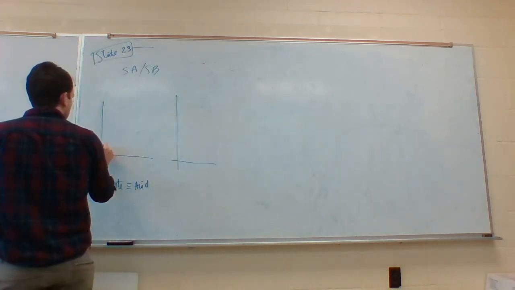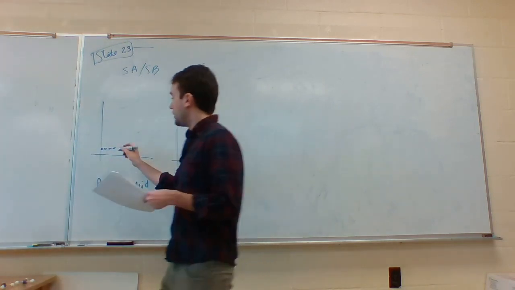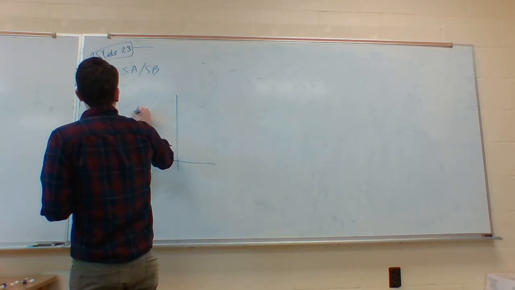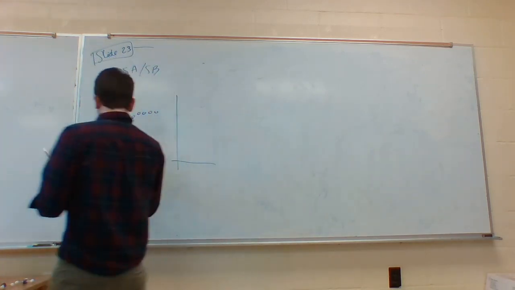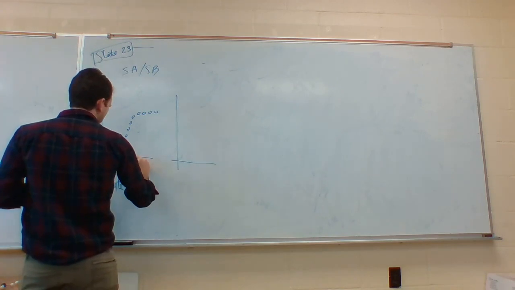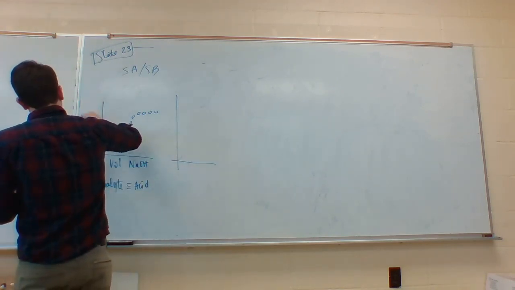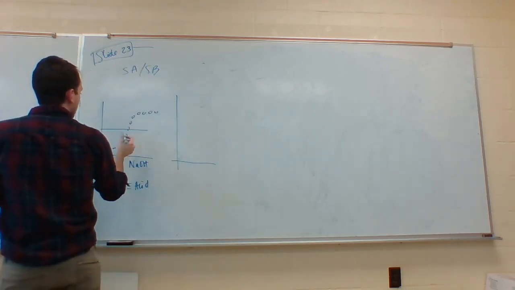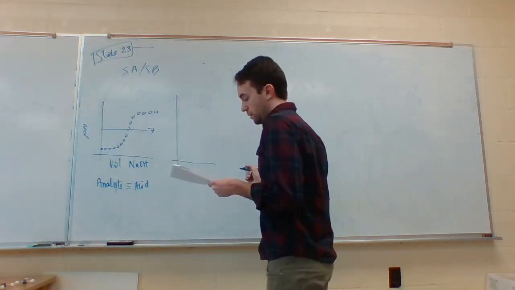So if it's the acid, it's going to start at a low pH. We are then going to be adding in a volume of base, which will make it more and more basic. So this would be volume of, say, sodium hydroxide, and then this would be our pH. These are going to have an equivalence at 7.